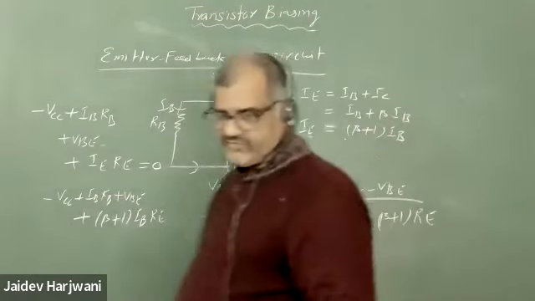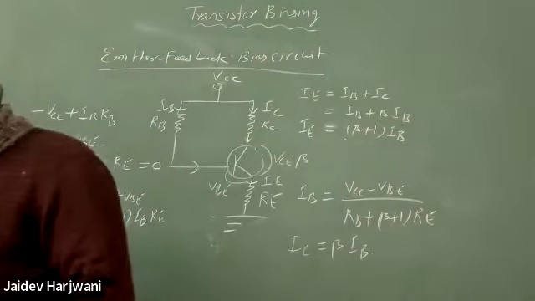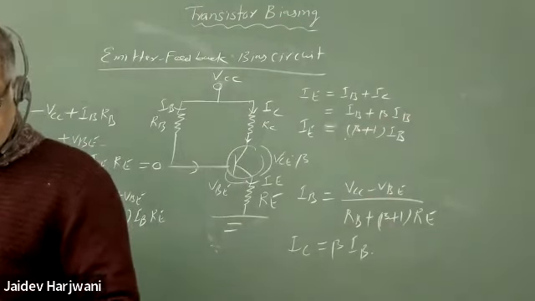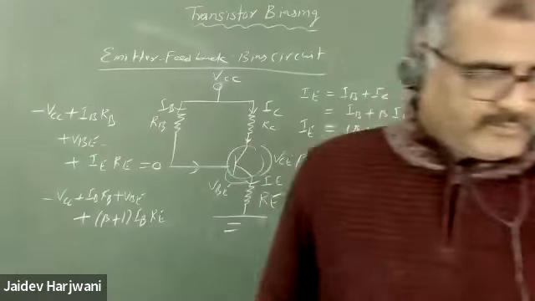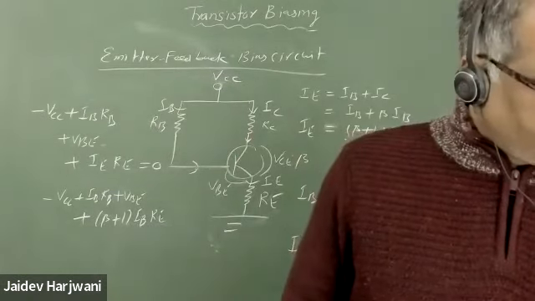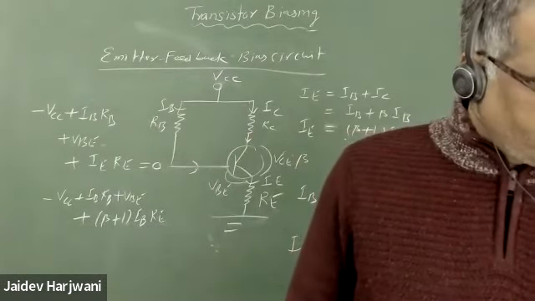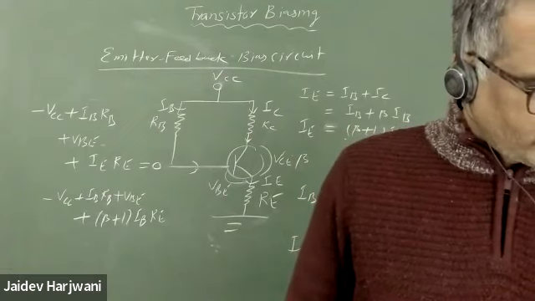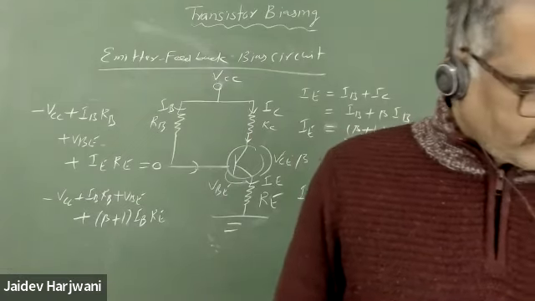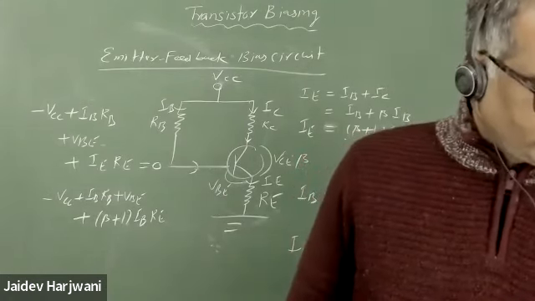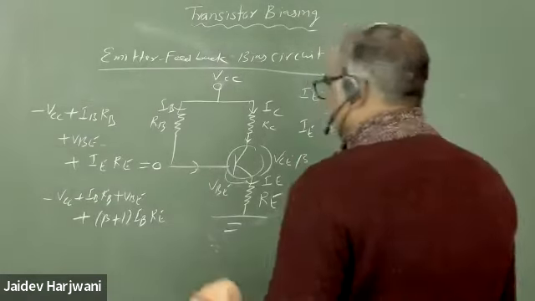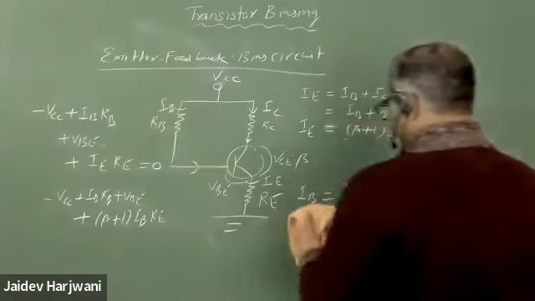So write the equation for the second loop. Let me write now for IB the second.